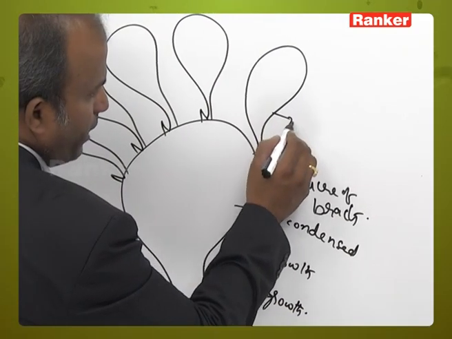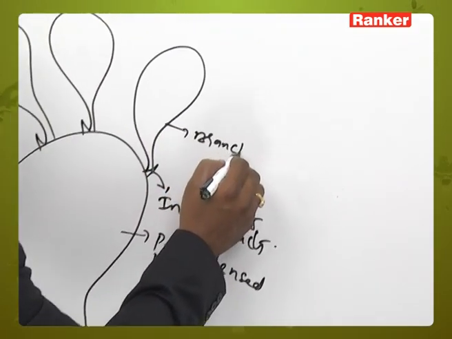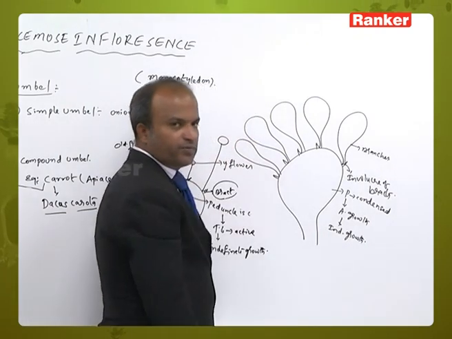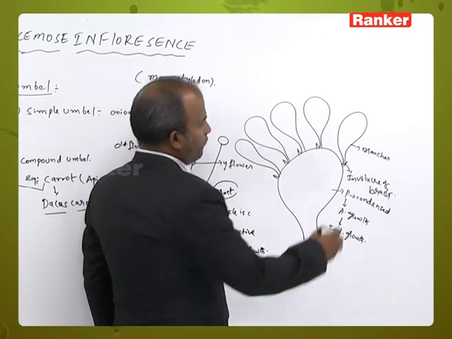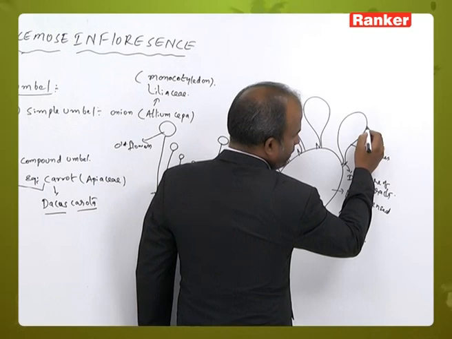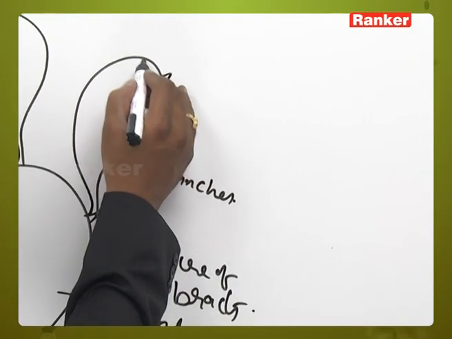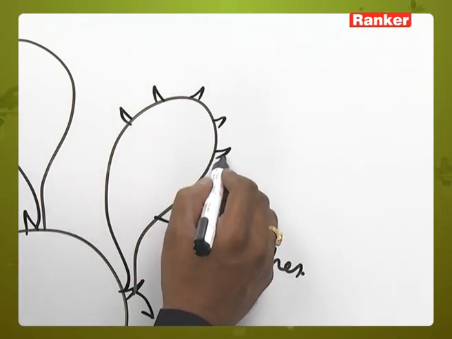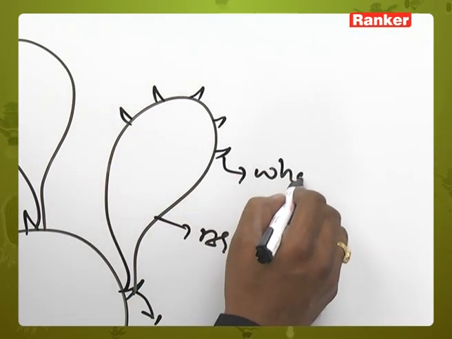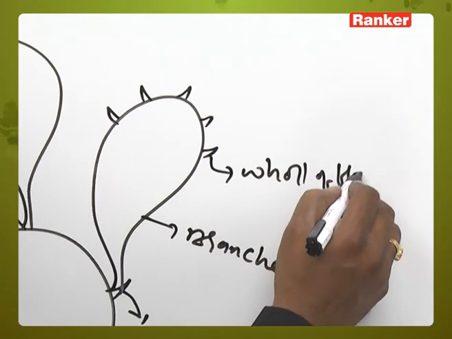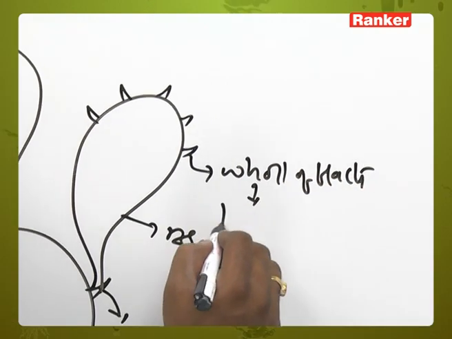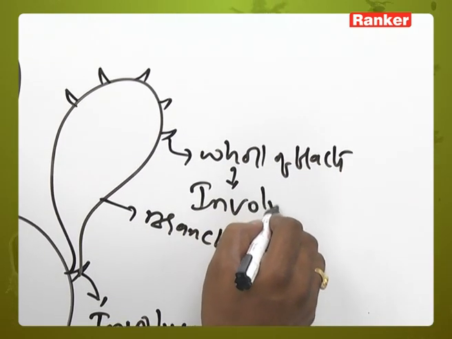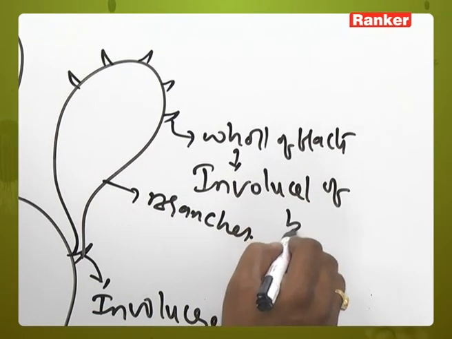These are the branches. These branches also show a whorl of bracts, which is nothing but an involucre of bracts.